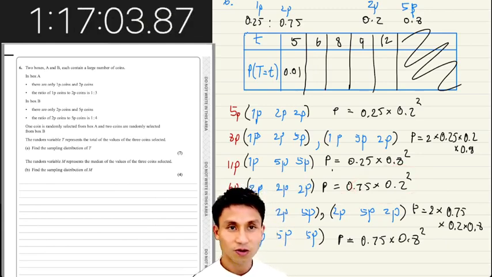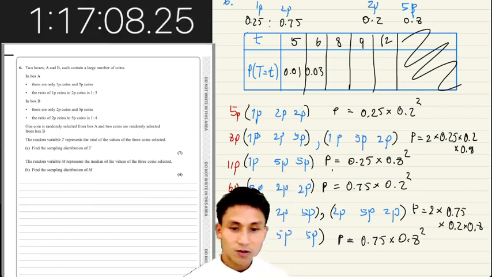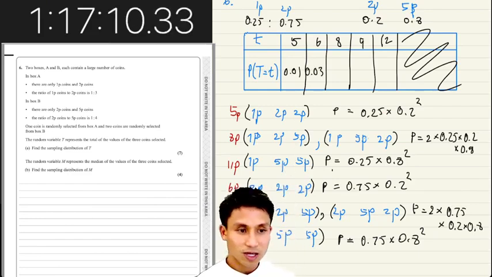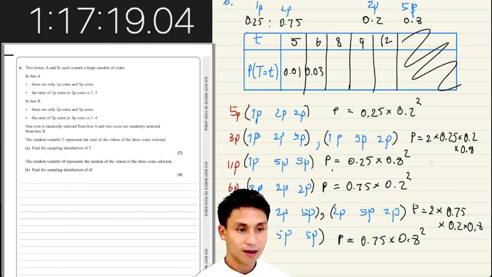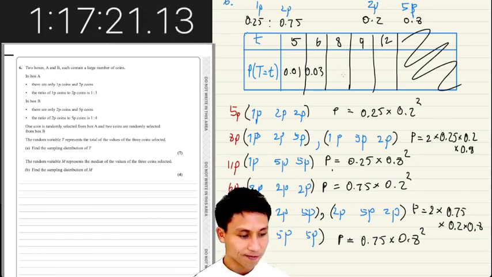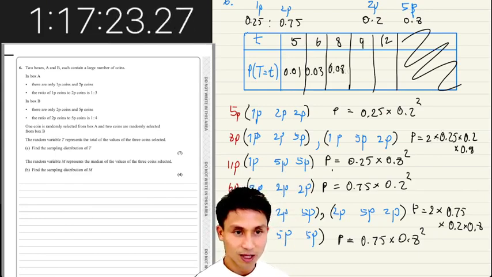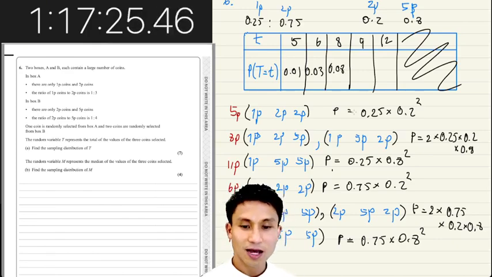That would be 0.03, right? Okay, so 8 pence would be this guy right here, second line, 2 times 0.25 times 0.2 times 0.8. And that would be 0.08.